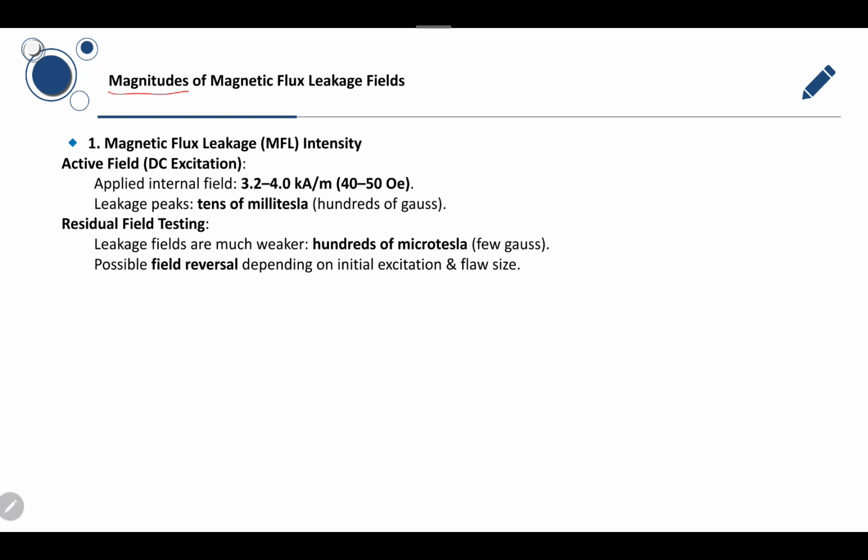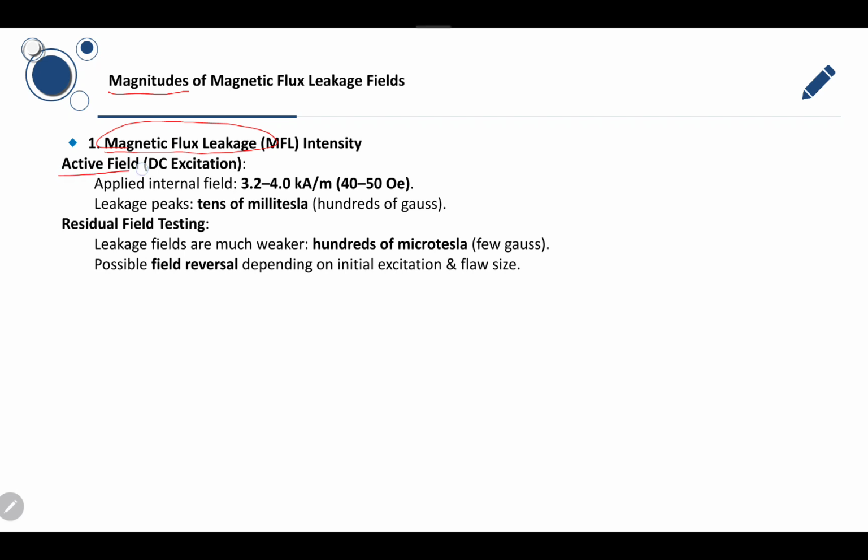Magnitudes of magnetic flux leakage fields. Understanding the strength of magnetic flux leakage fields is critical for probe selection and inspection sensitivity. First one is magnetic flux leakage, MFL intensity.